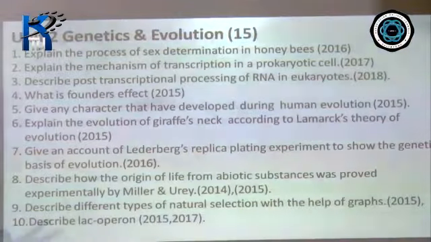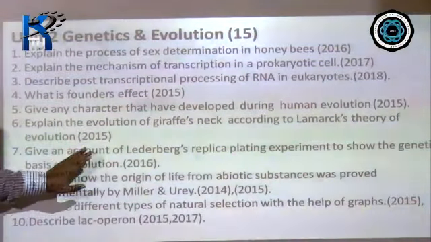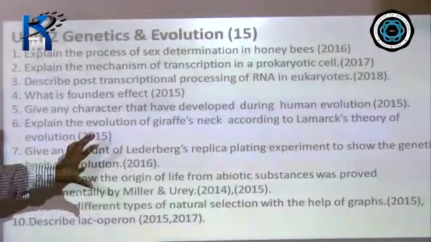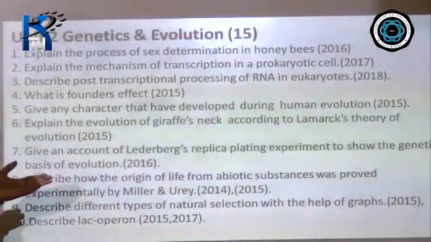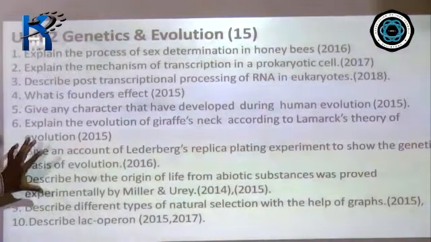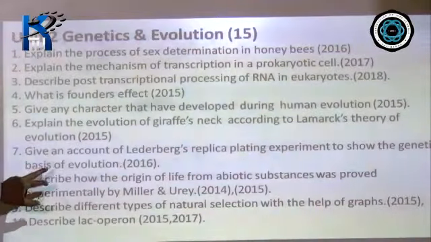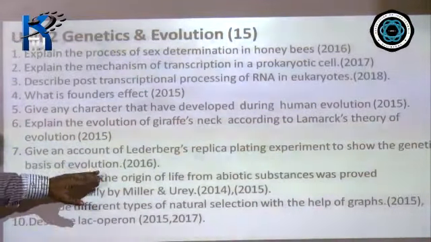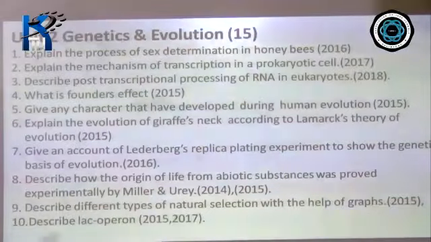Joshua Lederberg performed one experiment to show what effect the environmental factor or some other external factor has on the genes. You have to write according to the question that has been given, on the basis of evolution only. After writing the experimental process, you have to focus on how it is related to evolution.